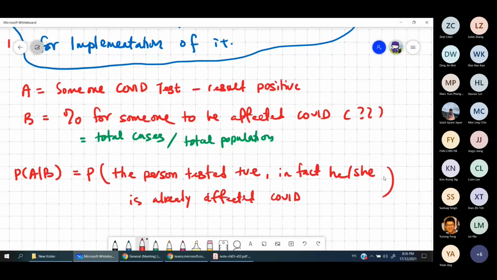So that's a probability. It means, in fact, the person really is affected by COVID, and the tested result is positive. So the result is true.